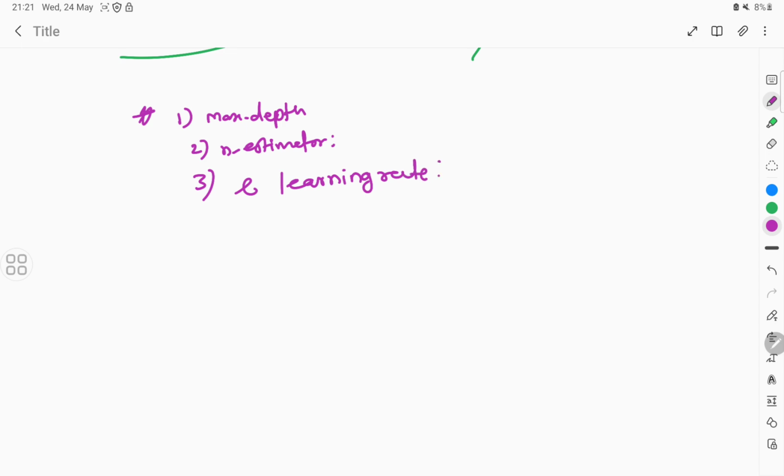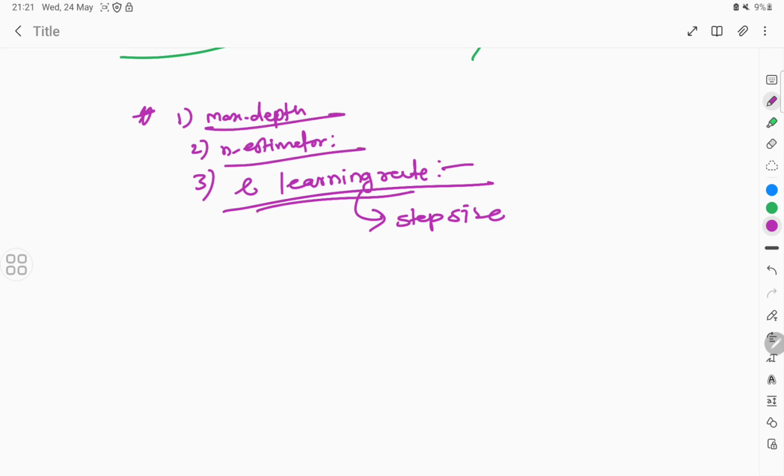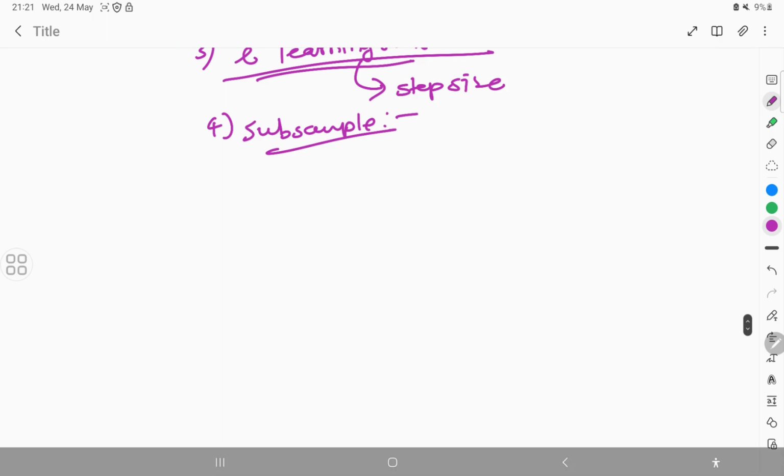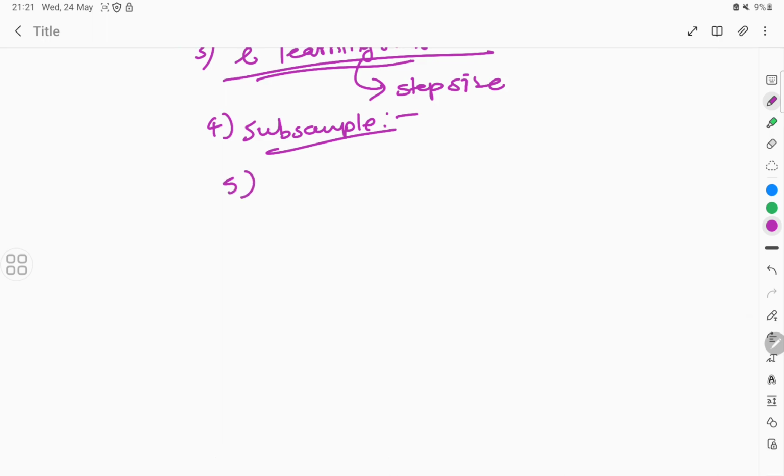It will indirectly take the step size while boosting. Then there is also subsample, where sampling happens. Then colsample_bytree determines the fraction of features used for training data. So also remember colsample_bytree.